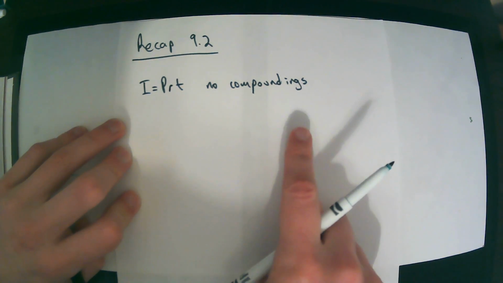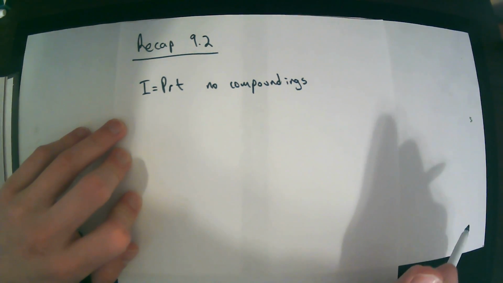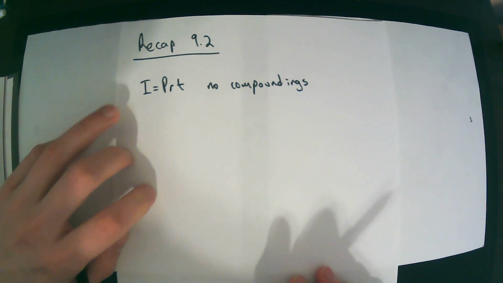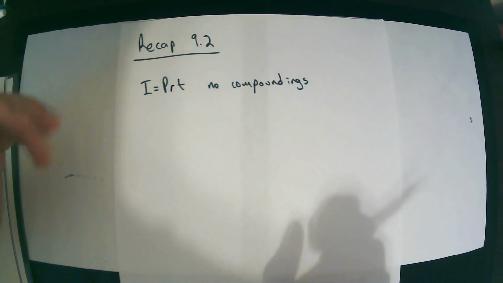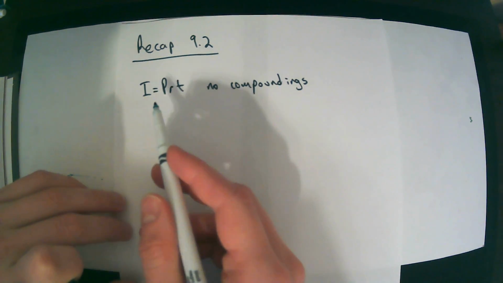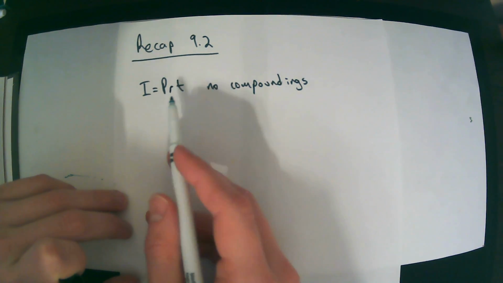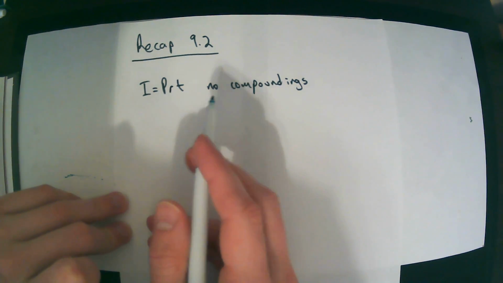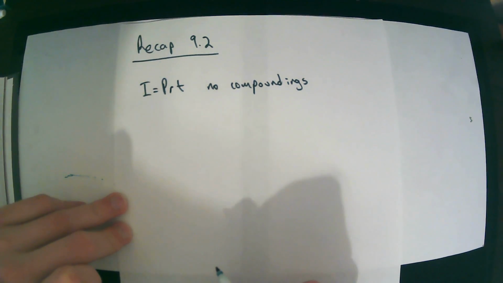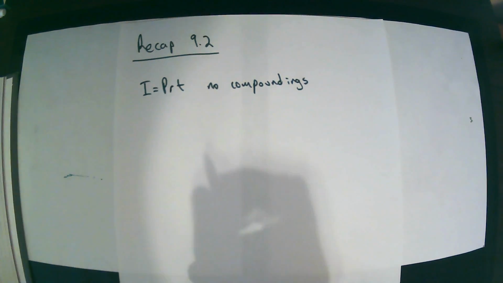You don't compound your interest multiple times per year. It's just interest in the most intuitive sense. In fact, if I asked you to find how much interest an account makes with a certain amount of money based off a certain rate over a certain period of time, most of you would probably come up with this formula because it's very intuitive, just multiplying those three quantities.